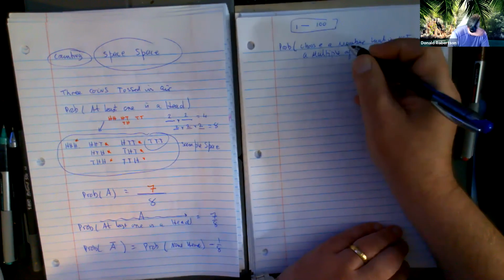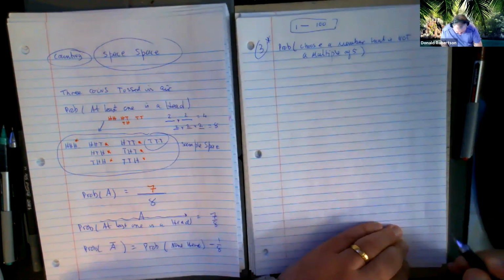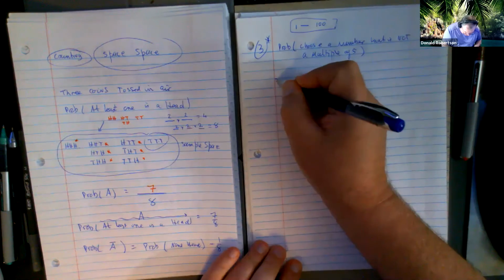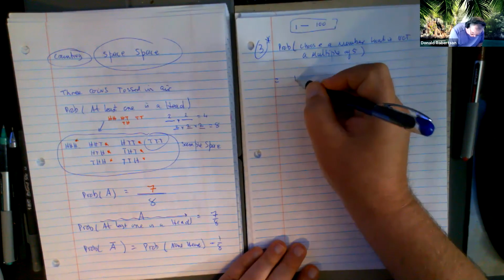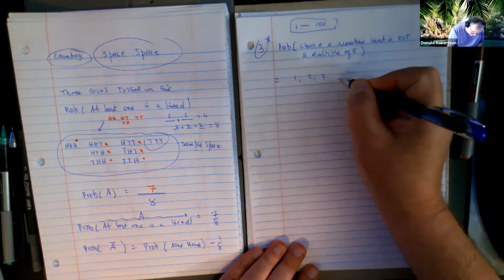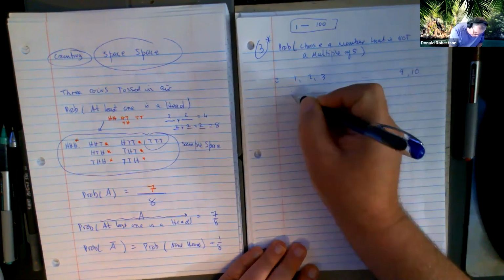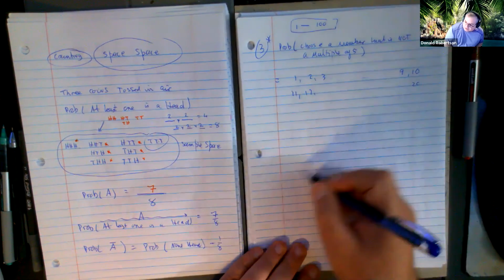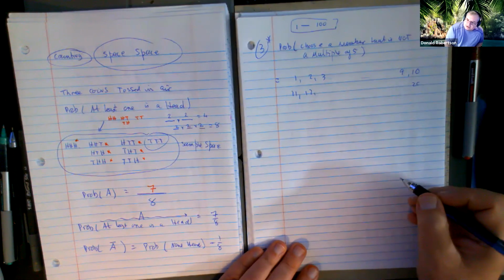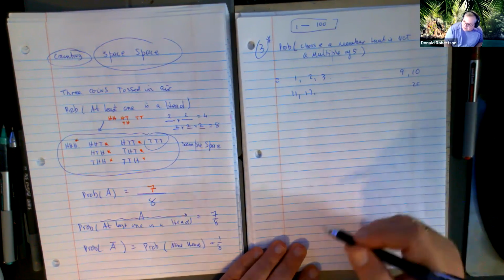Okay, now I could do counting on that. I guess I could do a sample space. I don't want to, but couldn't I write down 1, 2, 3, and so on, finish at 9, then finish at 10, then do 11 and 12 and finish at 20. I do not want to have to write down 100 numbers so I can count all the ones that are not multiples of 5. There's a lot of them.